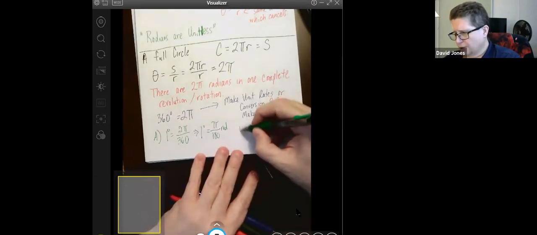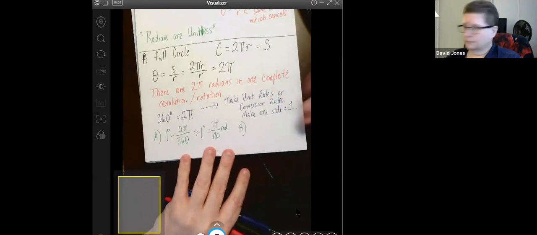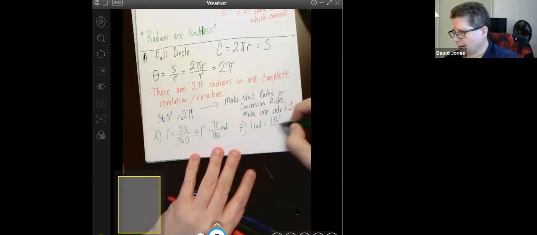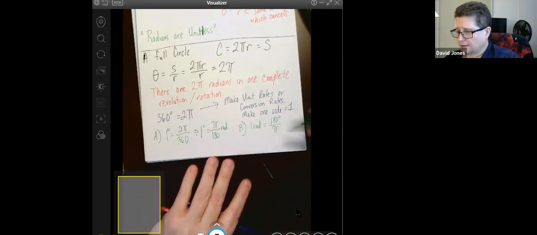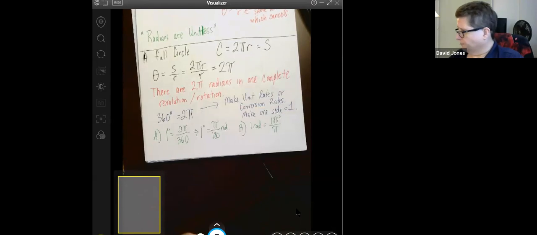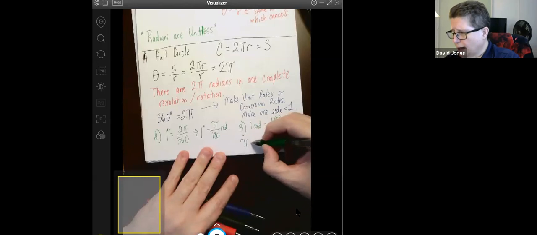Option B, we go the other way. We divide by 2 pi, and you'll see that 1 radian is 180 degrees divided by pi. The 360 and the 2 simplify to 180. So 1 pi is 180 degrees.